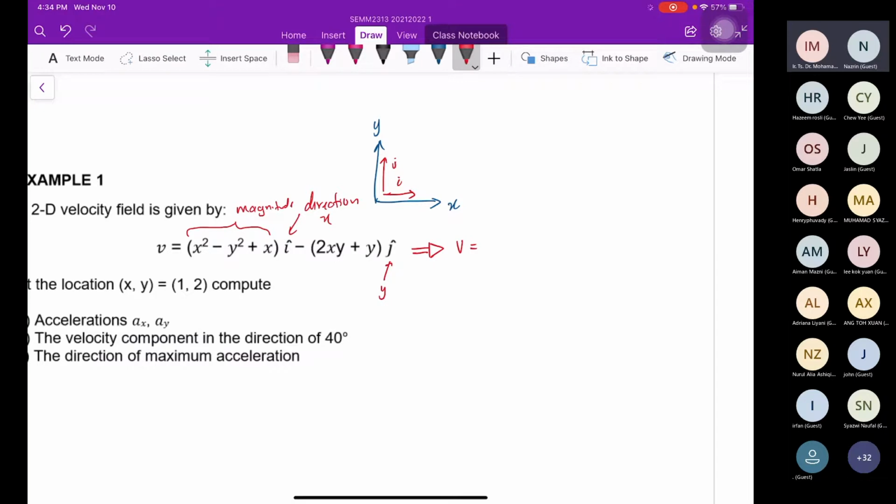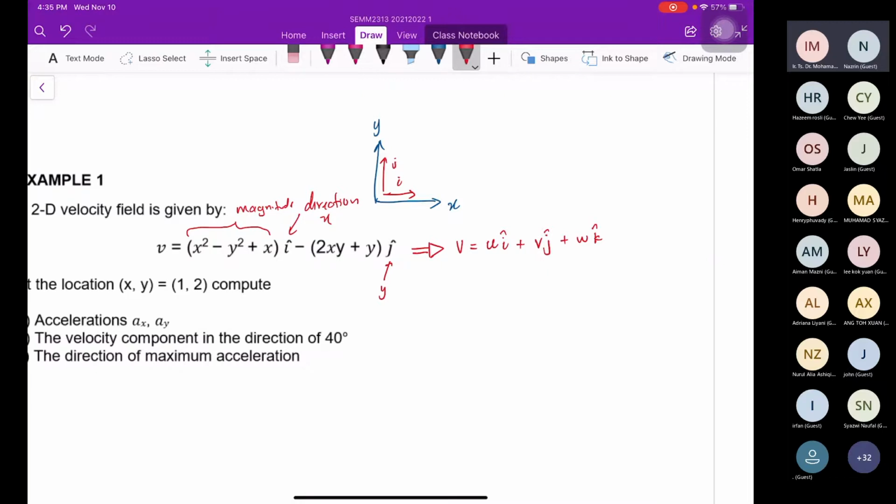Remember, vector form must consist of magnitude and direction. So V, this is a vector, equals magnitude U I plus V J plus W K. This is the standard form. U is a magnitude, I is the direction. You must understand that since this is a vector form.